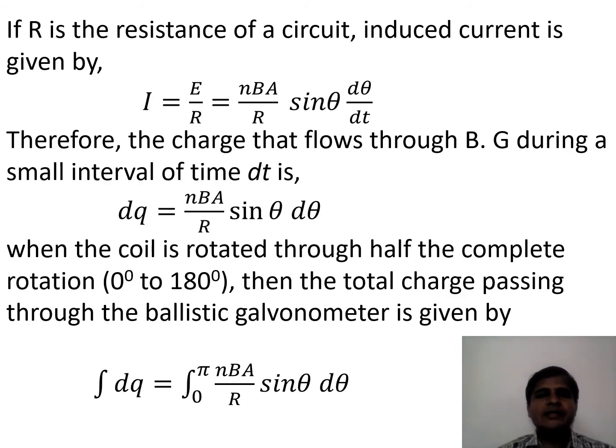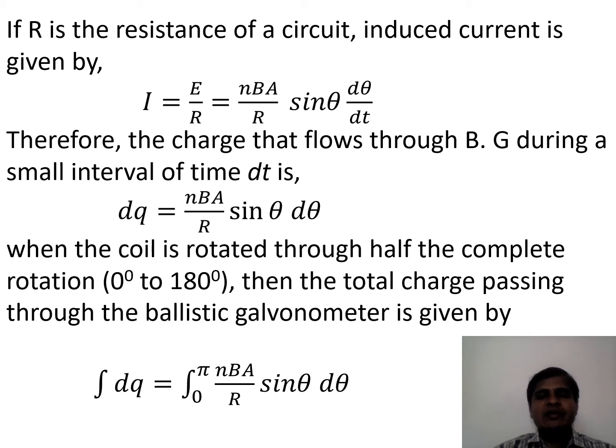If R is the resistance of a circuit, then induced current is given by I is equal to E upon R. After substituting the value of E from the previous equation, the expression for I will be equal to N into B into A upon R into sin theta into d theta upon dt.